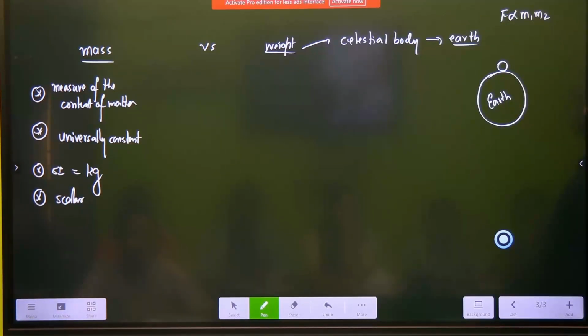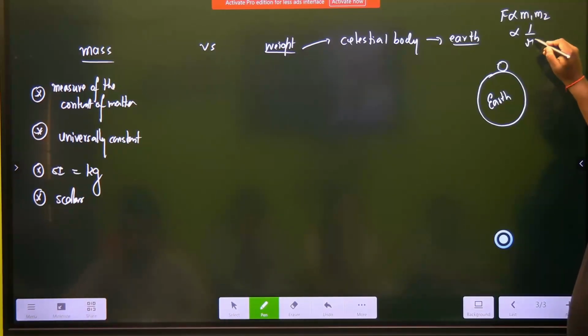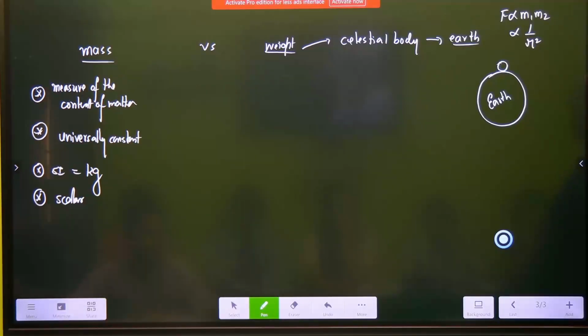Suppose you see a buffalo, the buffalo is attracting you, you are also attracting the buffalo. That's true, and it's correct. Directly proportional to the product of the masses and inversely proportional to the square of the distance between them. The nearer you are, the more is the attraction force. The farther away you are, the attraction force reduces.